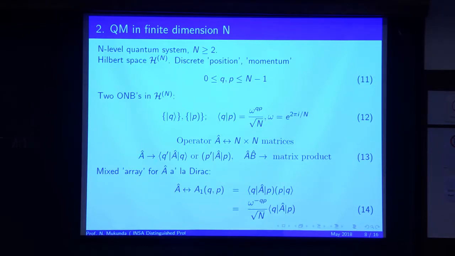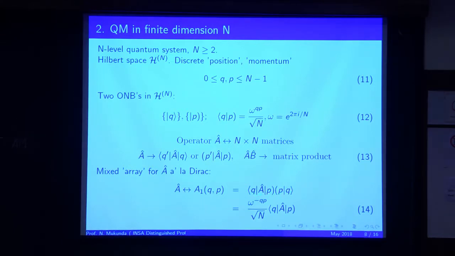Now, clearly, any operator on Hn can be described in the standard way by a matrix in the position coordinate description or a matrix in the momentum space, and in either case, the product of operators corresponds to matrix product. Now we use the Dirac idea. Can we describe an operator A by an array? Let us not call it a matrix. The array A1 corresponding to the operator A roof is the same prescription as in the Cartesian case.